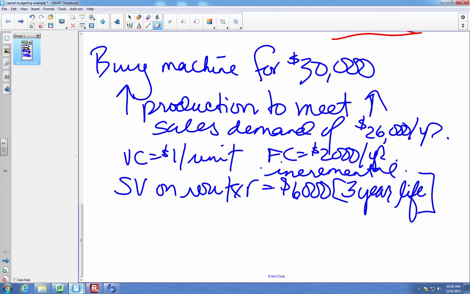Stocks and bonds. So if I'm going to issue more stock, what's the dividend rate? If I'm going to borrow it, what's my interest? And then you do a weighted capital of it. So my cost of capital is 9%. And it's going to increase my sales 8,000 units per year.